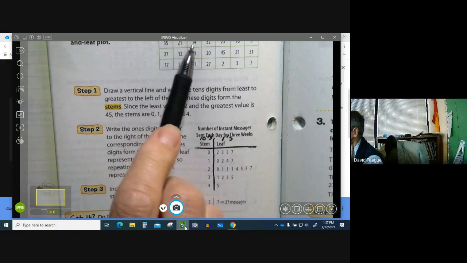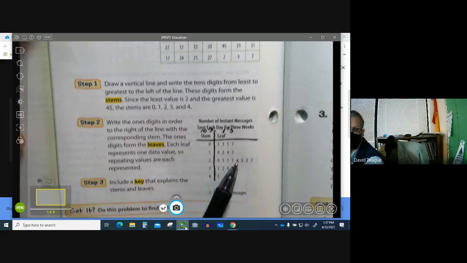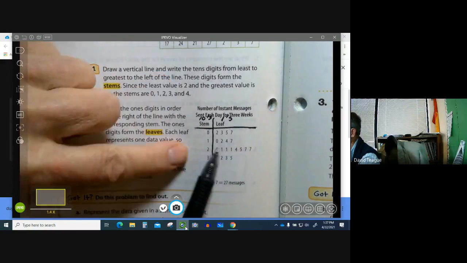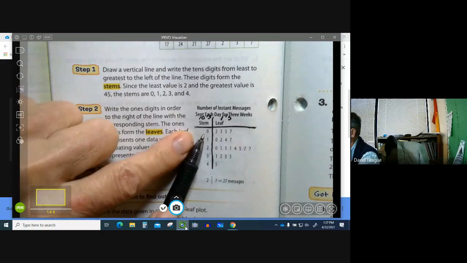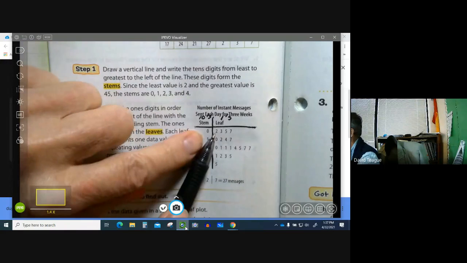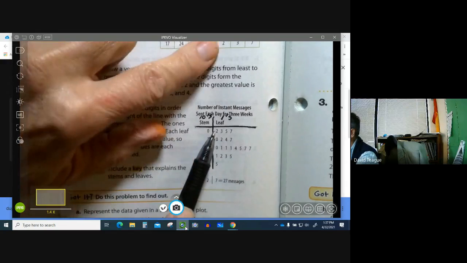So we're going to take each one of these pieces of data and represent it in this stem and leaf chart. Okay? So for example, if I was to represent 2 in my stem and leaf, I would have a 0 in the stem because there is no tens place, and I would put a 2 there. So this represents 2.